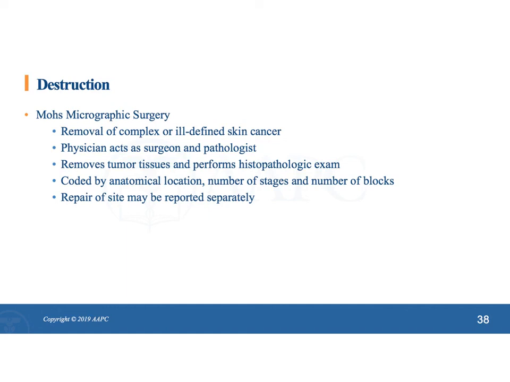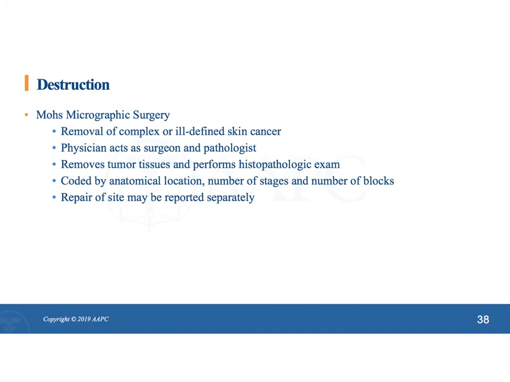So let's talk about another example. Let's say we did a Mohs micrographic surgery on the legs. We had 2 stages, and we had 6 blocks in each of those stages.